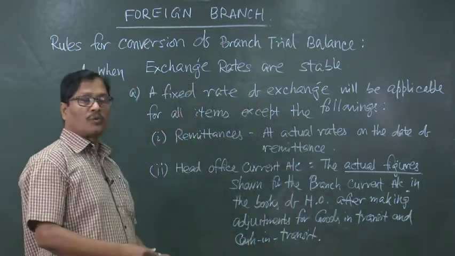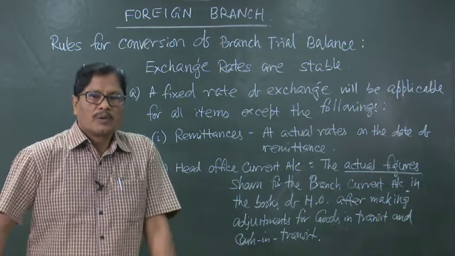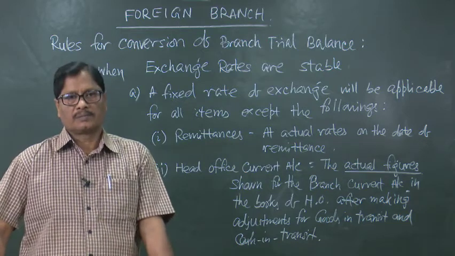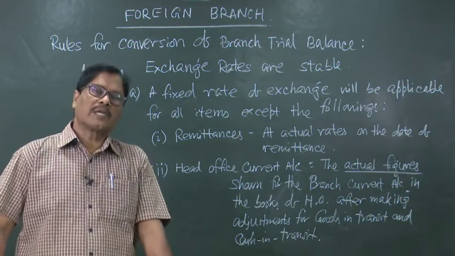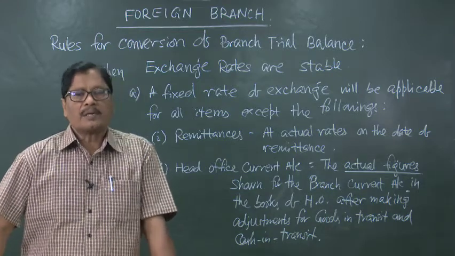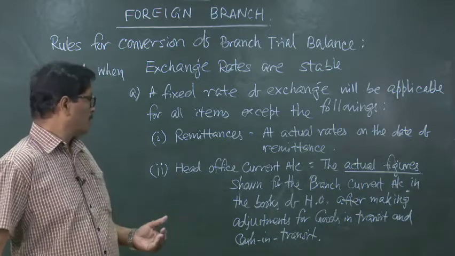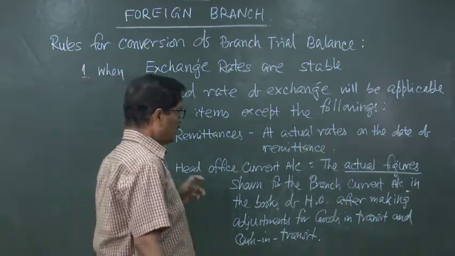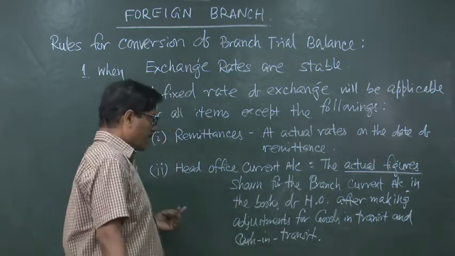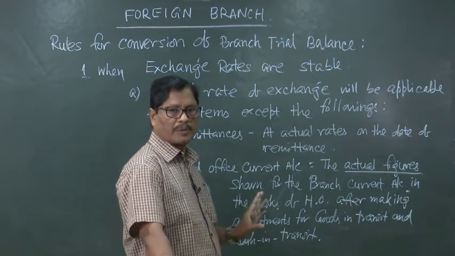So, these are the two transit items which are possible, and suppose when goods sent by the head office is 8,000. Out of 8,000, suppose 3,000 rupees worth of goods are in transit. So, for 5,000 we will be making the record. After adjusting the transit items, you have to record the figures, and those figures which are appearing in the branch current account, that will hold good in the books of the head office.